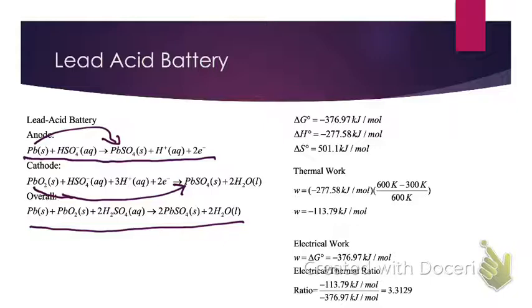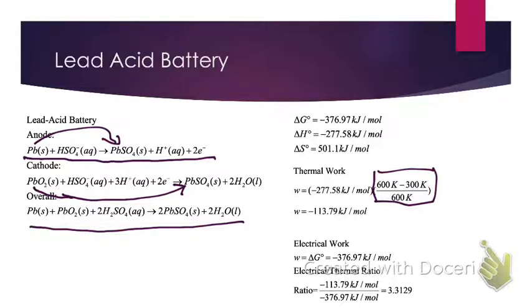Now, if we do a quick comparison of the thermodynamics of batteries, if we ask, okay, what would be the situation if we were using the energy associated with this reaction to generate thermal energy and do thermal work? Well, we can figure that out by going back to our discussion of the Carnot engine earlier in the semester and the efficiency of the Carnot engine, which is based on the temperature differential.